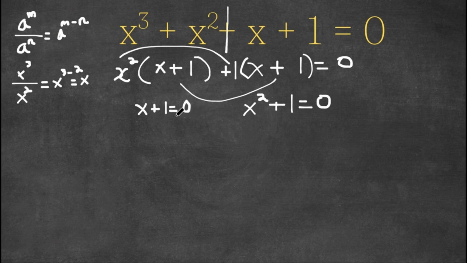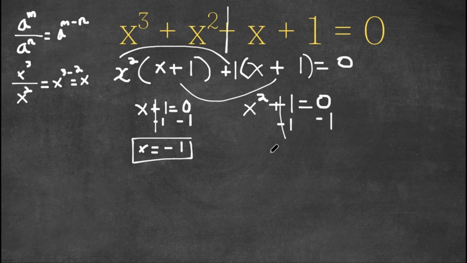So for x plus 1 equals 0, all we have to do is simply subtract 1 on both sides. This cancels out, and we get x equals negative 1. So this is one of our solutions. Now for x squared plus 1, well, we still subtract 1 on both sides. These two cancel out, and we get x squared equals negative 1.